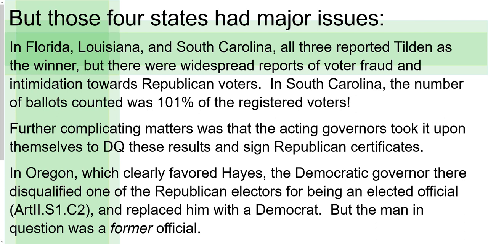So they clearly favor Rutherford B. Hayes. The general population does, but the governor's Democratic, so it's the opposite situation. And just showing that in politics, sometimes there's no bad, no good.